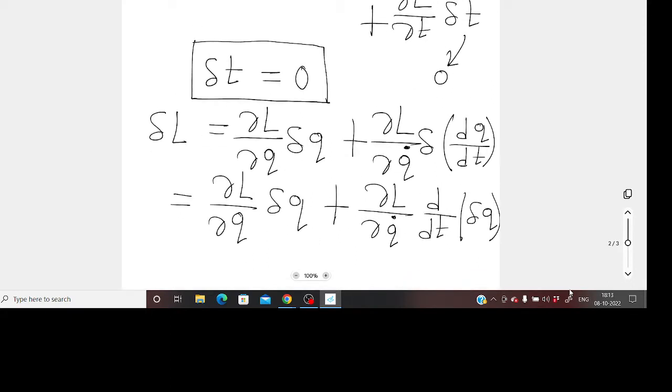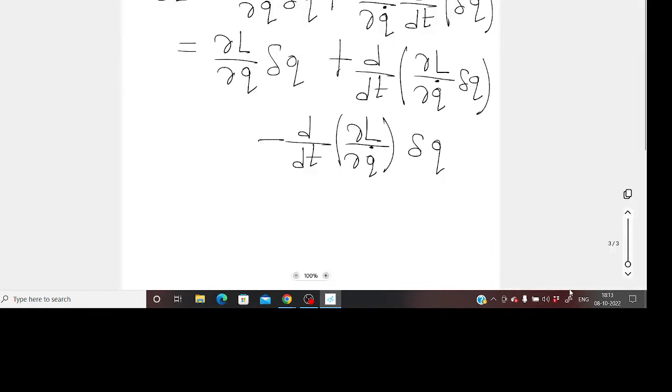Now what I have done here, I have kept the first term as it is, and in the second term I have used delta of dq dt equal to d dt of delta q. Just interchange the delta and d dt. Then in the second term, what is d dt of del L del q dot into delta q?